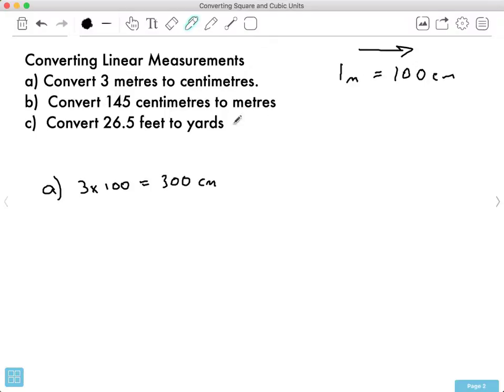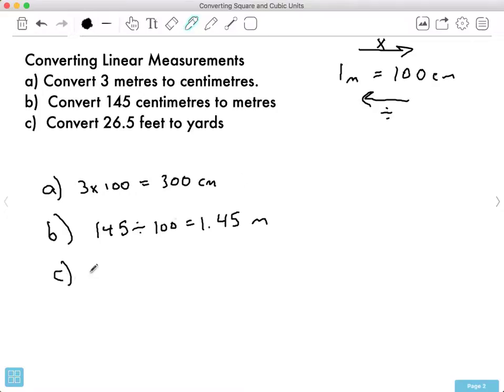If you're going backwards, if I want to convert 145 centimeters to meters, then I want to divide by the conversion factor, which is 100. So 145 divided by 100 is 1.45 meters.